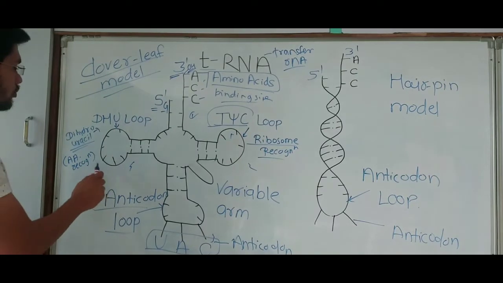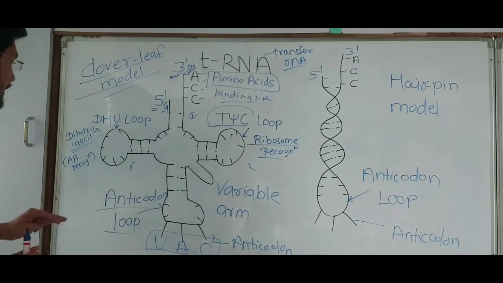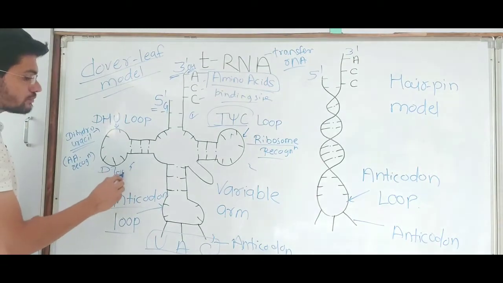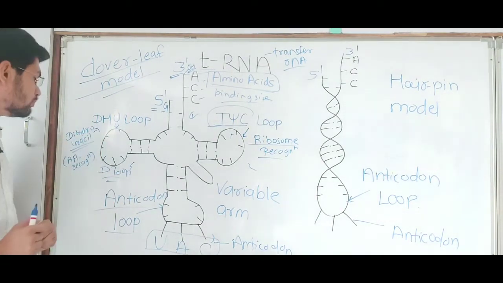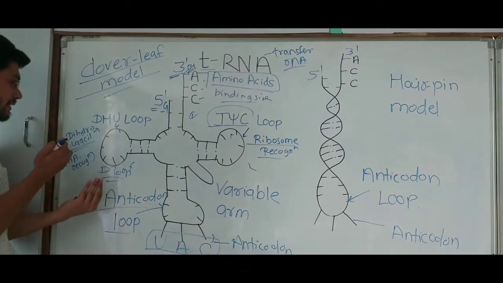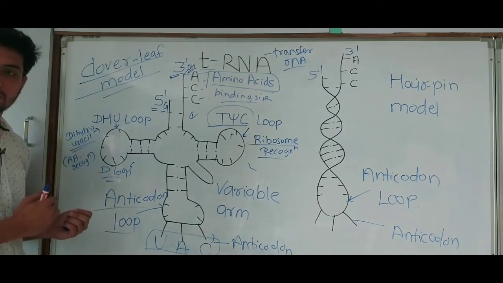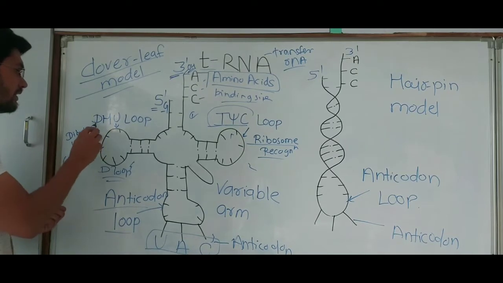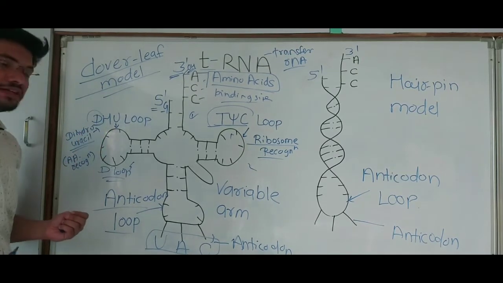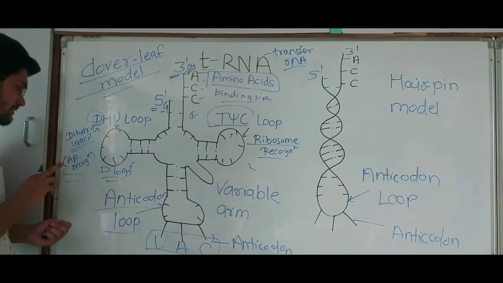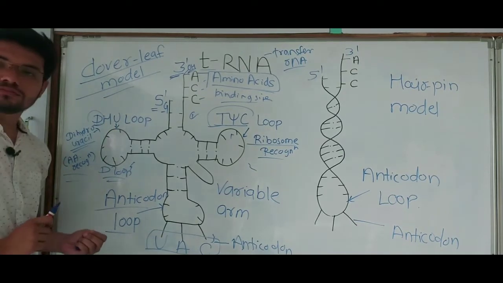After that, this is the 4th arm of the tRNA, which is also termed the D loop or DHU loop, because it contains dihydrouracil in it. So that's why we termed it the DHU loop. The function of the DHU loop is amino acid recognition.